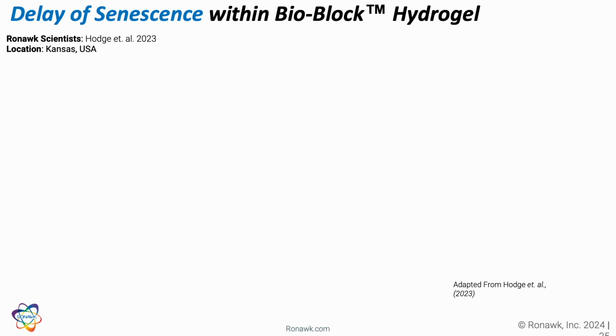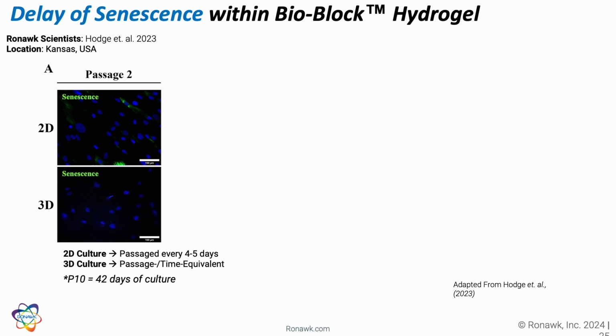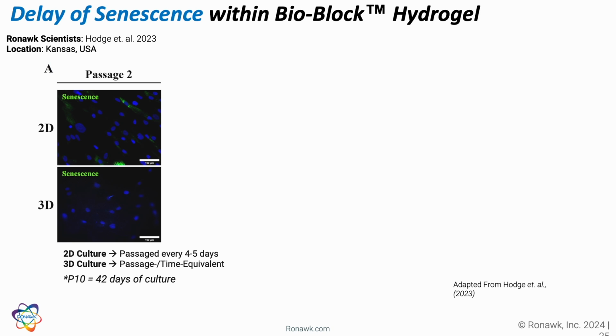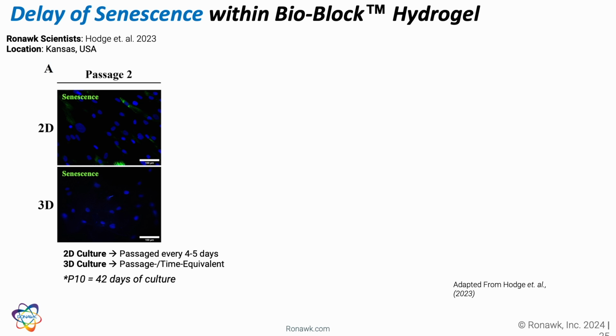Our interest in Ronawk is for wound healing therapies and regenerative research in general. Dr. Hodge focused on the growth of adipose-derived stem cells, which are a type of mesenchymal stem cells, and he was, and still is, interested in the way that we can use them, especially their secretome, for the development of new therapies for wound healing.